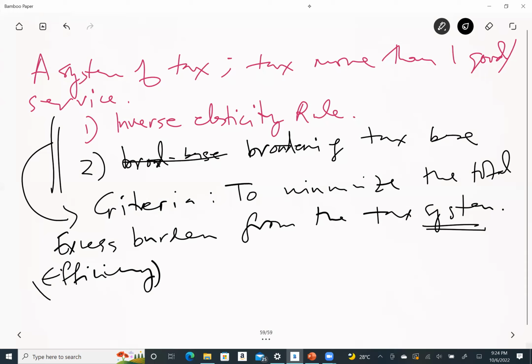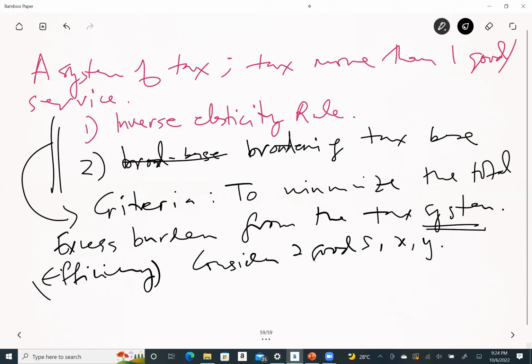When you consider two goods, you want to minimize the total excess burden of the tax system in such a way that the total excess burden from each of the goods that you tax would be minimized. Okay? Consider two goods, X, Y.